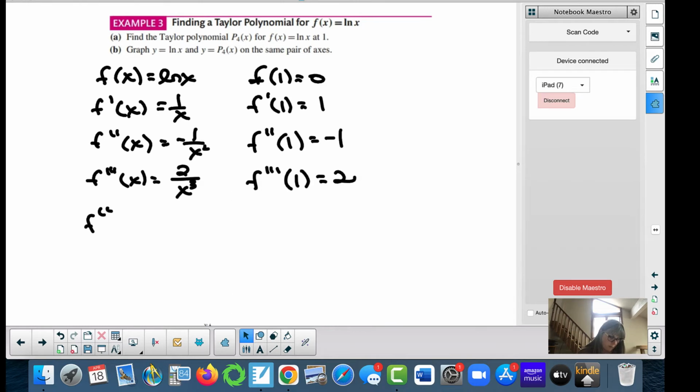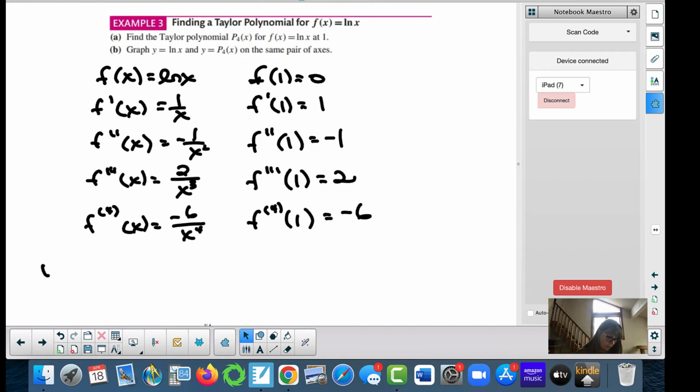And the fourth derivative is negative 6 over x to the fourth. And that gives us negative 6 there.